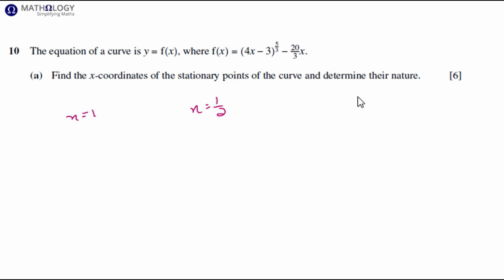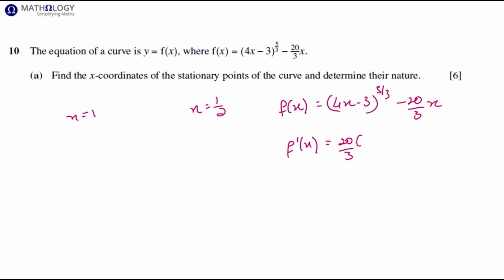Now to determine the nature of these stationary points, we're going to use the double derivative, the second derivative. So the function is f of x equals 4x minus 3 to the 5 thirds minus 20 thirds x. The first derivative is 20 thirds times 4x minus 3 to the 2 thirds minus 20 thirds.